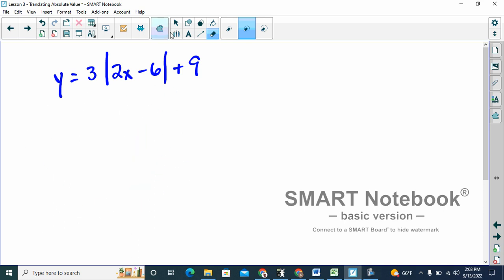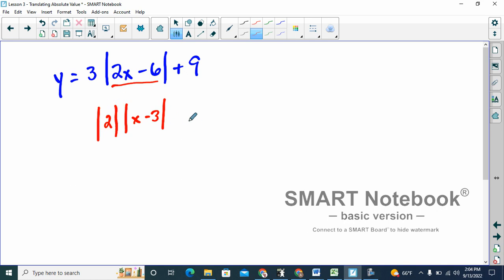The other option that we have is to rewrite this so that it is in standard form and I can translate. So 2x minus 6, I can factor a 2 out of that, leaving me with x minus 3. When you factor that 2 out, we're factoring the absolute value of 2 out because it's inside the absolute value, which on this one actually didn't wind up mattering because the absolute value of 2 is 2.